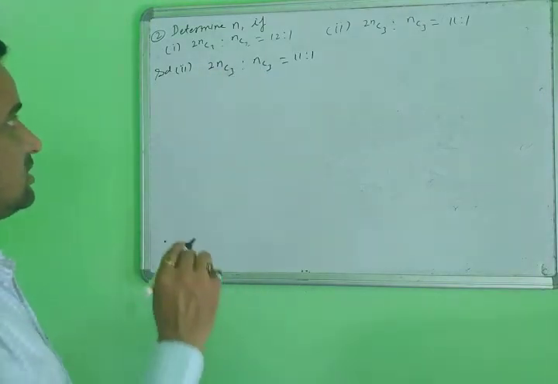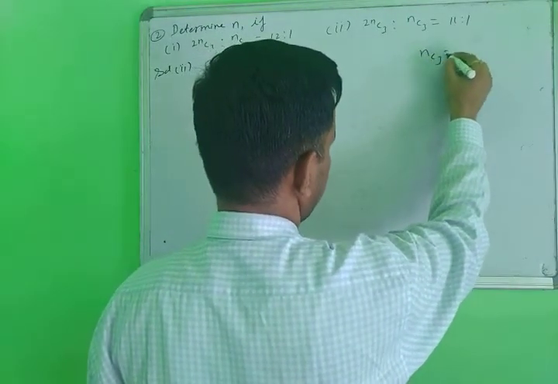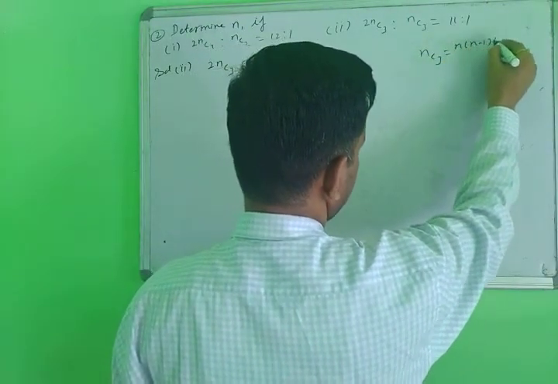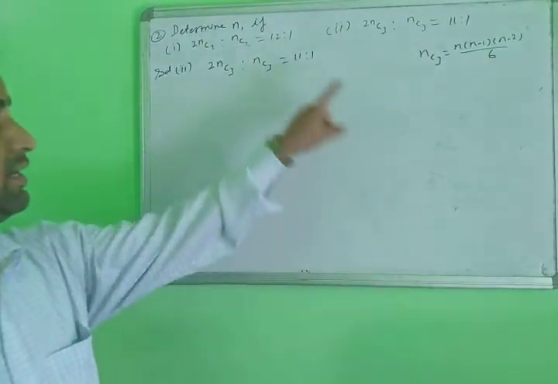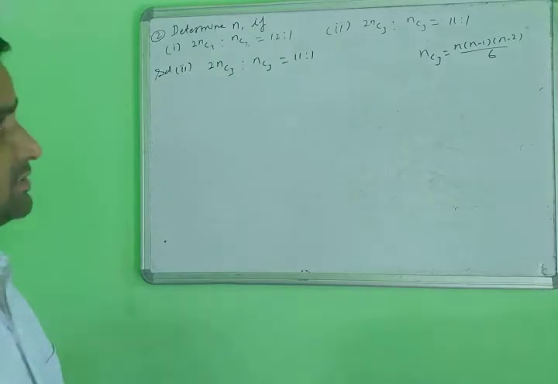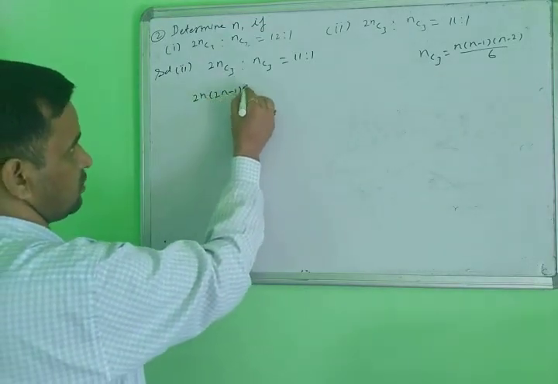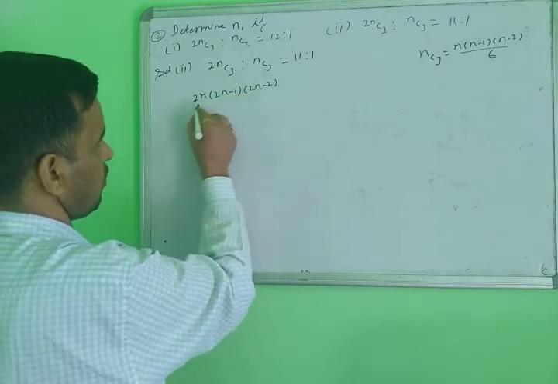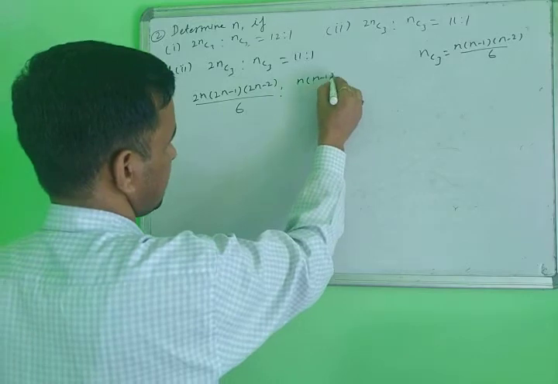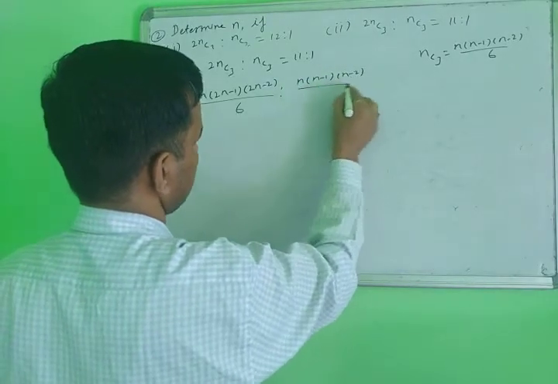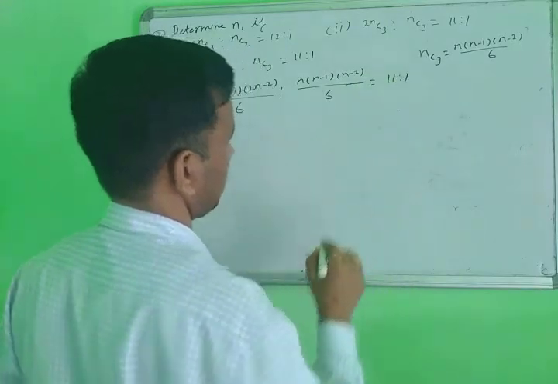Now start with the same identity, nC3 is n(n minus 1)(n minus 2) upon 6. Using this shortcut identity in both, you calculate this. First of all, 2n(2n minus 1)(2n minus 2) upon 6, and n(n minus 1)(n minus 2) upon 6, equal to 11:1.